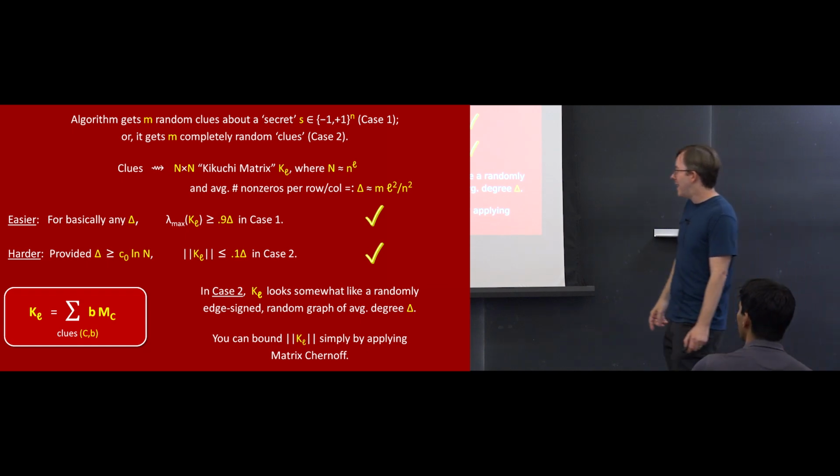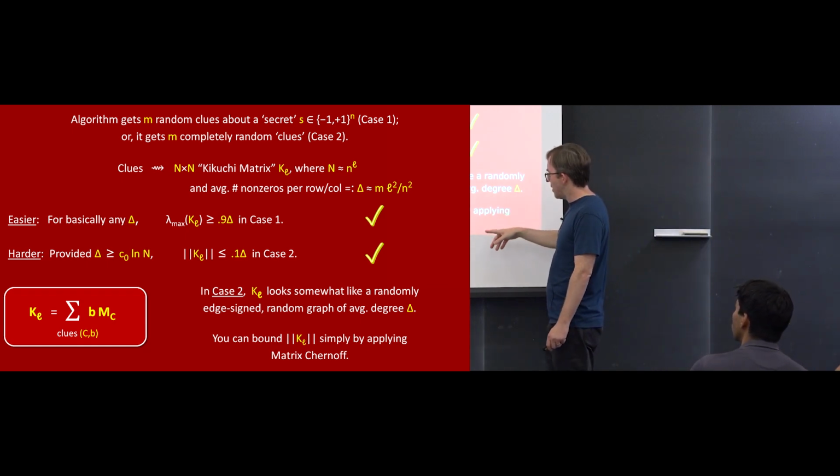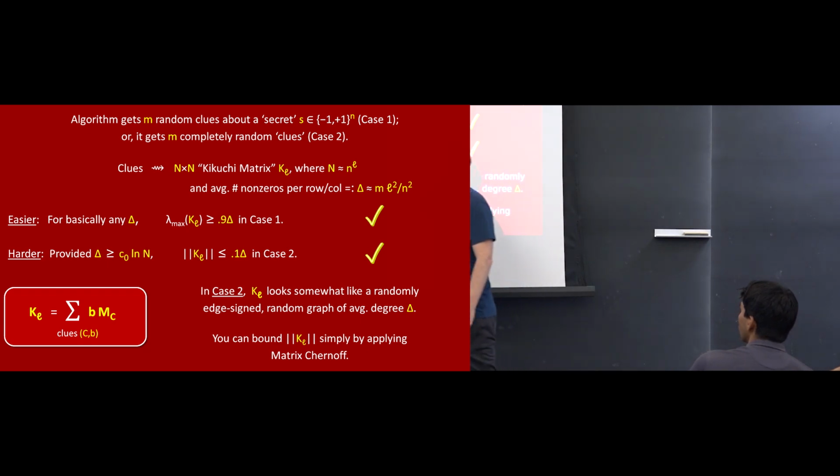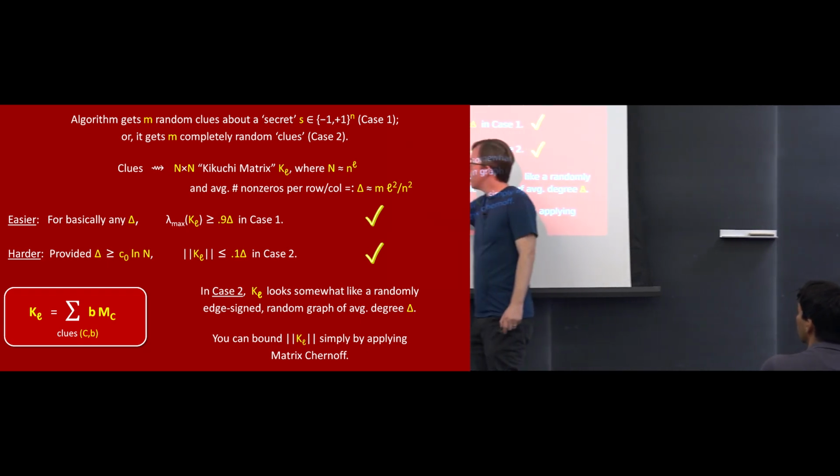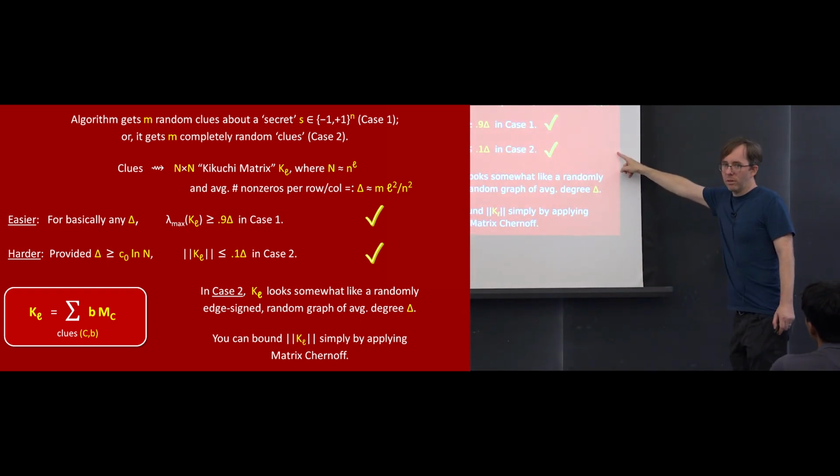By the way, if you're an aficionado of this stuff, you know the matrix Chernoff bound has an extra factor, which is log of the dimension. That's why you need the average degree to be at least as large as log of the dimension for this to kick in.